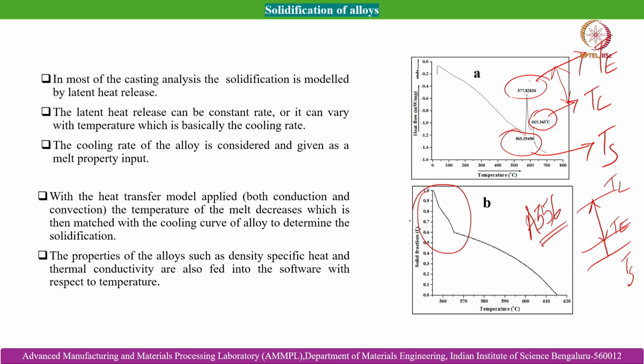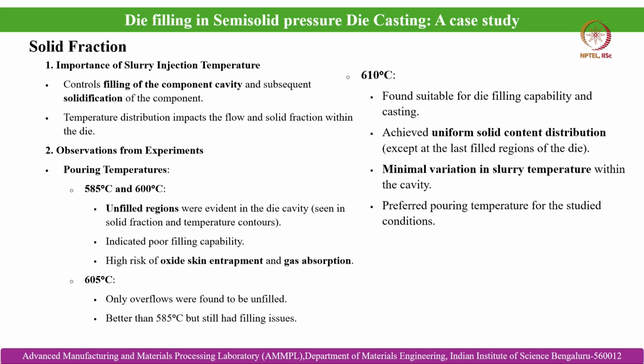So, we have to restrict ourselves to this region of temperature, that is 615 degree centigrade and 577 degree centigrade for this particular alloy, and this is true for all other aluminum magnesium alloys also. We need to restrict between these two temperatures, liquidus and eutectic.